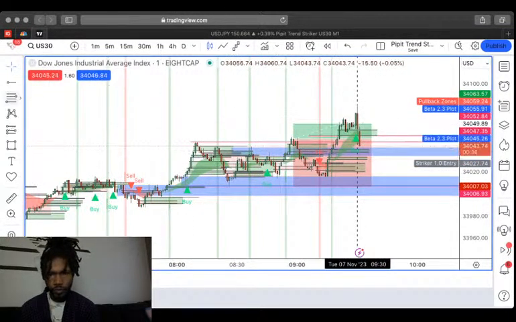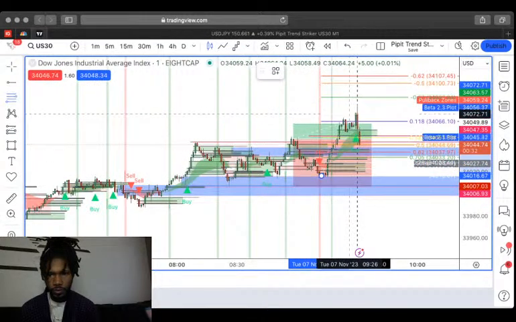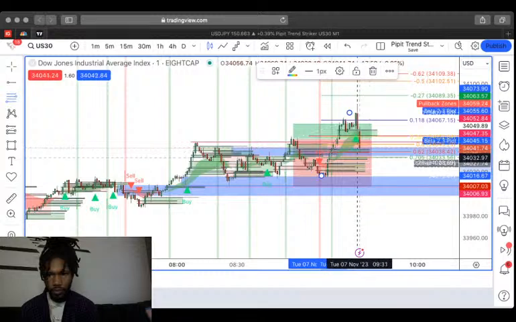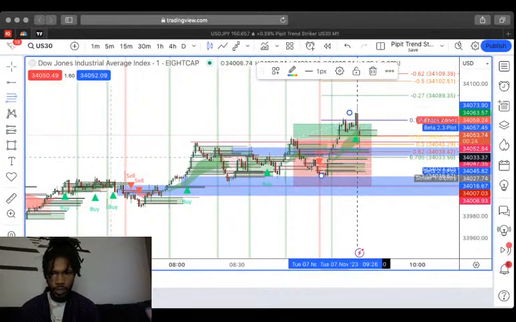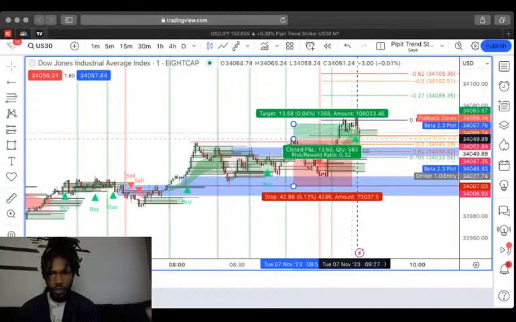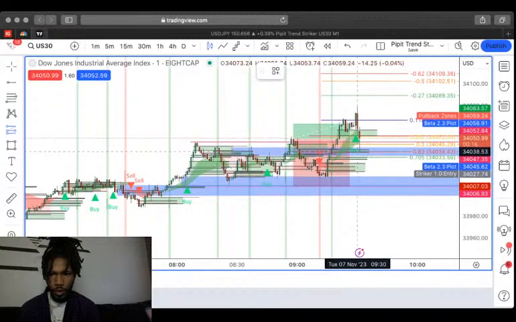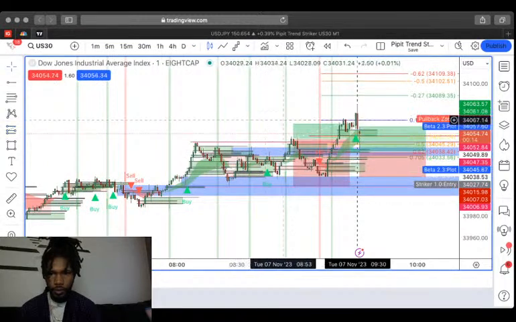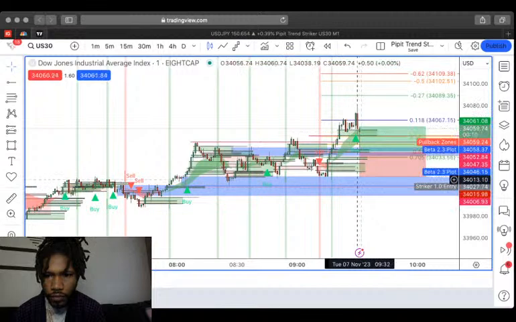Let's draw this and see where it could have pulled back into. 618, 707, 618 looks nice. Some support right there. And that's what it just did. It just wicked off of the 618. I was going to say you could probably enter off of this level.